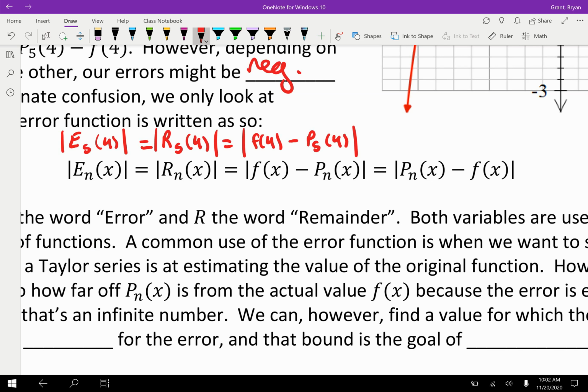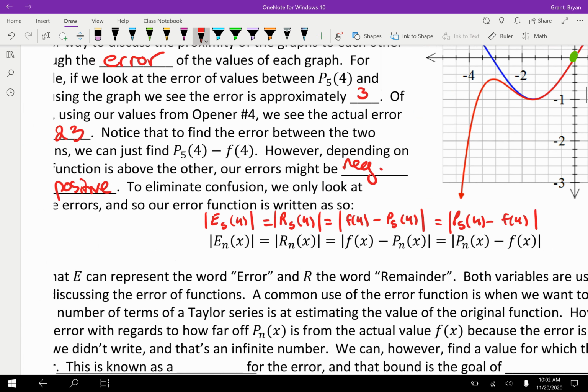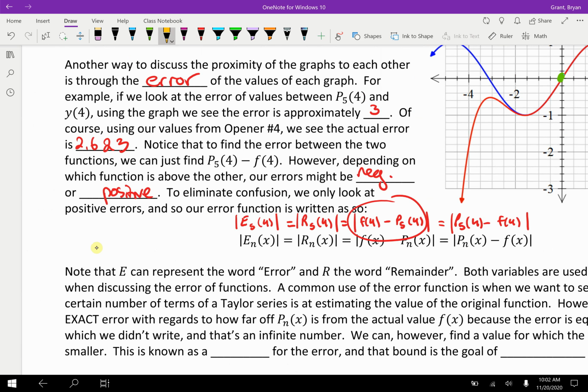Of course, because this is an absolute value, you could write it the other way too. You could say our power series evaluated at 4 minus the function evaluated at 4. And these two values, doing this versus this, are what came up with that guy.